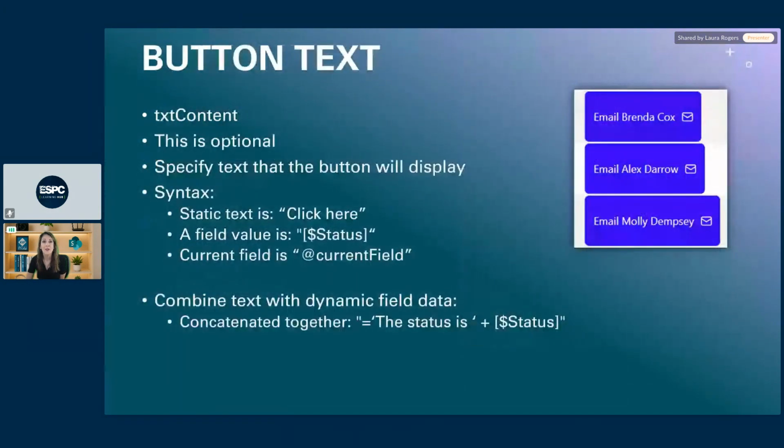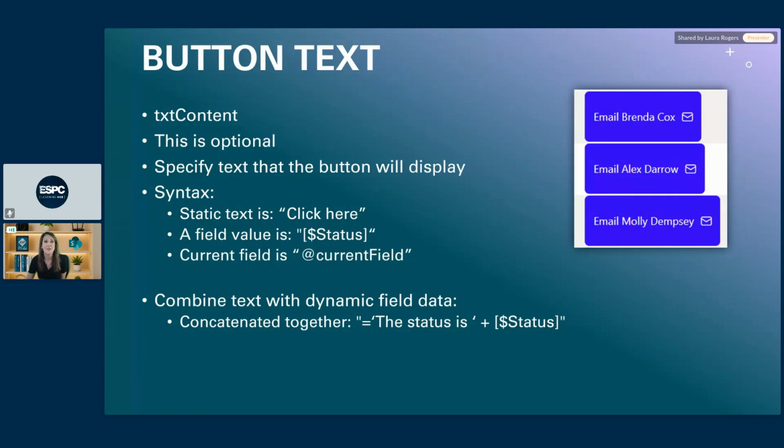And then you have the text content that's optional. So you don't have to have verbiage on your button. It makes sense to have verbiage for people to know what the button means. But you can have a few different variations. You can do static text. You can just make it say something like click here or approve.